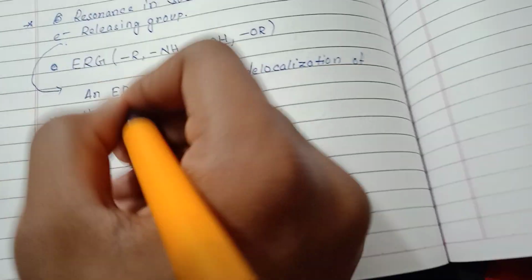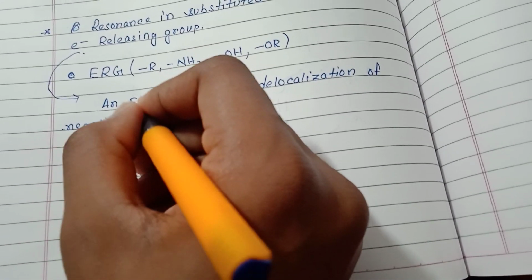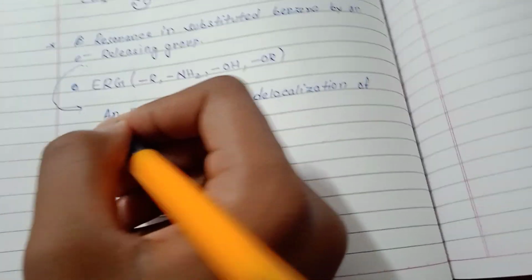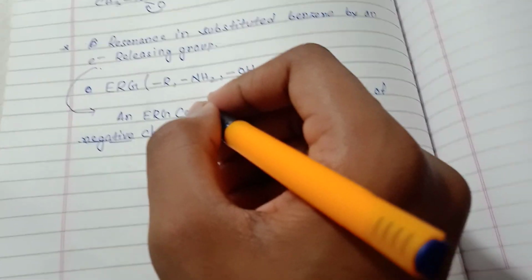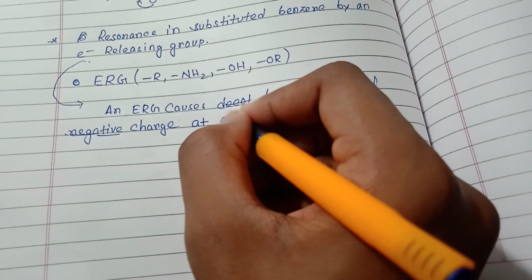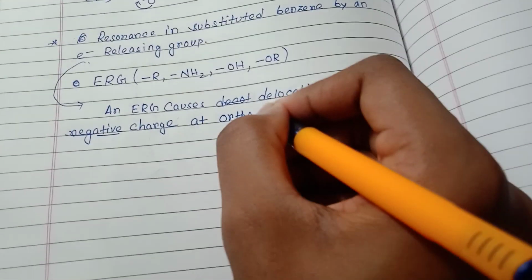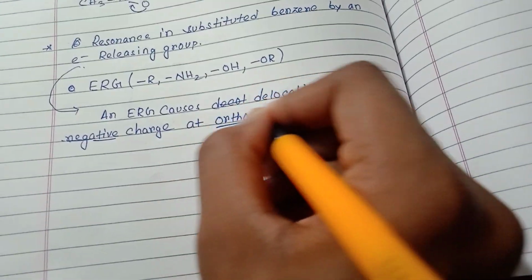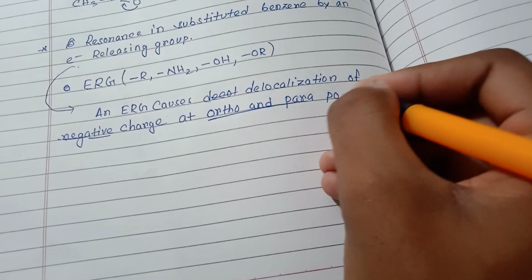Okay, not positive, it will be negative charge as it is a releasing group. It will release its electron. There will be negative charge at the ortho and para positions only. Ortho and para position, not the meta one.